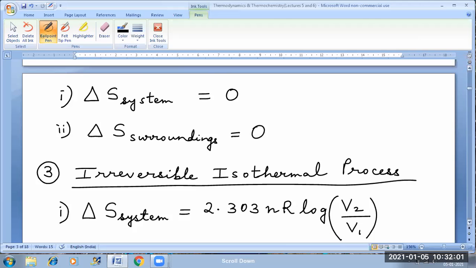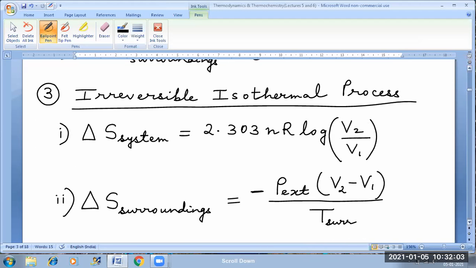For an irreversible isothermal process, we derived just now, that is the last derivation which we did, delta S system is this, and delta S surroundings is minus P external into V2 minus V1 upon T surroundings. In the exam, they directly ask you questions based on calculations of delta S of system and delta S of surroundings.